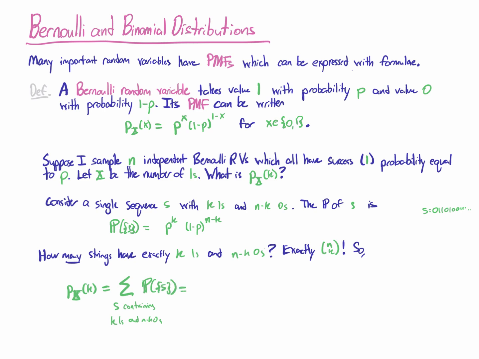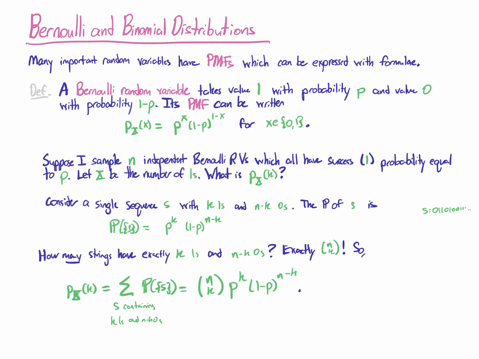We already figured out that all of these strings have the same probability, and we know how many of them there are: n choose k. So this sum is going to have n choose k identical terms, all with probability p raised to the k, 1 minus p raised to the n minus k. And so this is our probability mass function for this random variable.